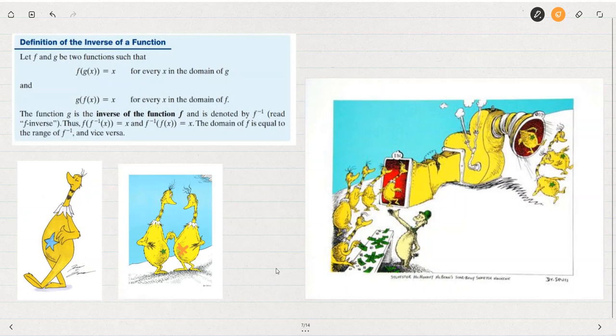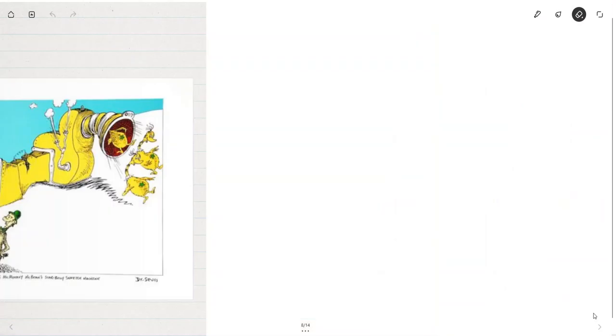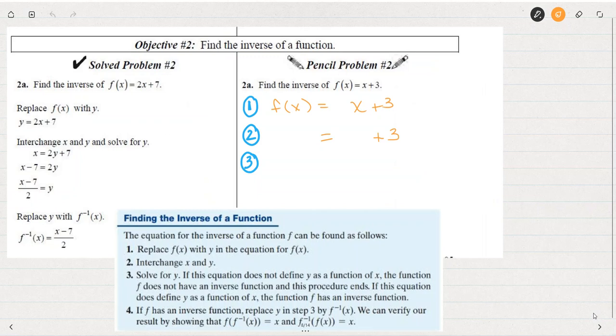It's no longer the popular thing to do. So he reconfigures his machine so it removes the star. You could see the star going on the belly is the function, and then the inverse function is the star coming off of the belly. Really interesting way to see that if you're familiar with that idea.